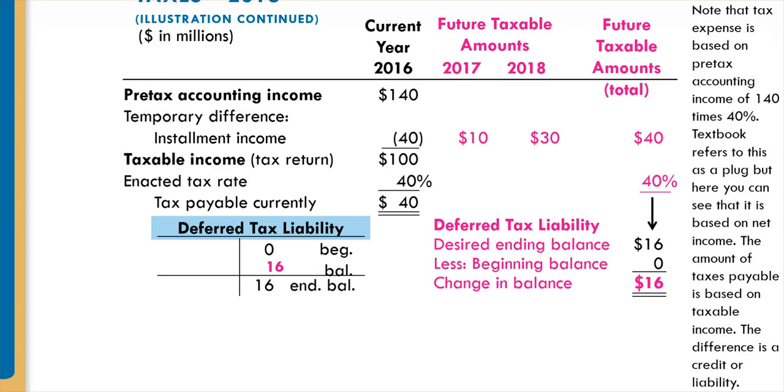If you want to look at it that way, that's fine. And I think what they are telling us in the way they did this particular T account is to say that prior to 2016 we had nothing there, and during 2016 we need to create a deferred tax liability, not for 40 but for 40% of 40, or 16.